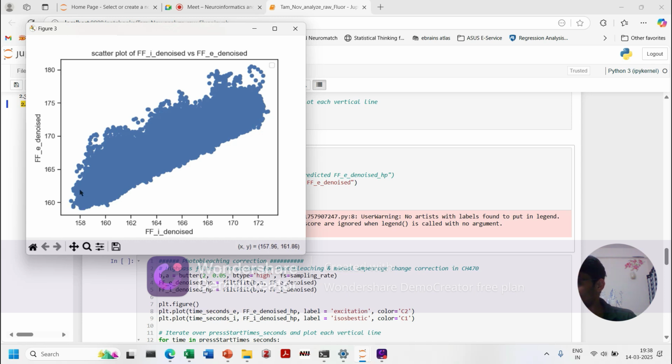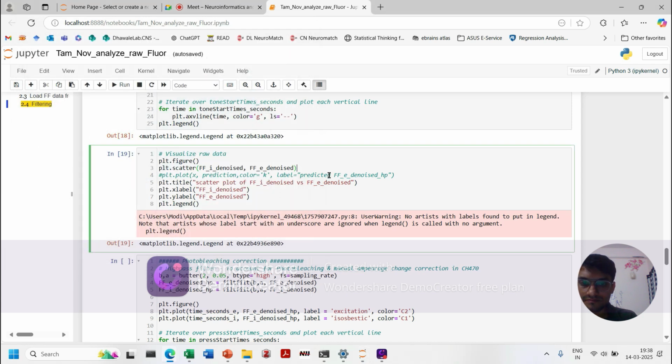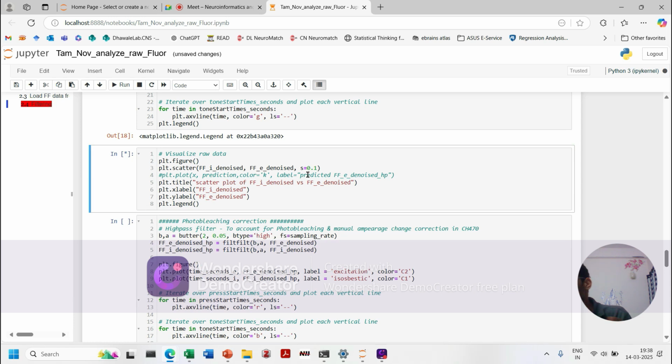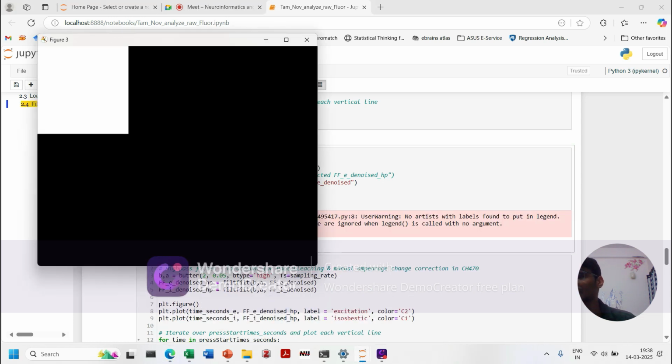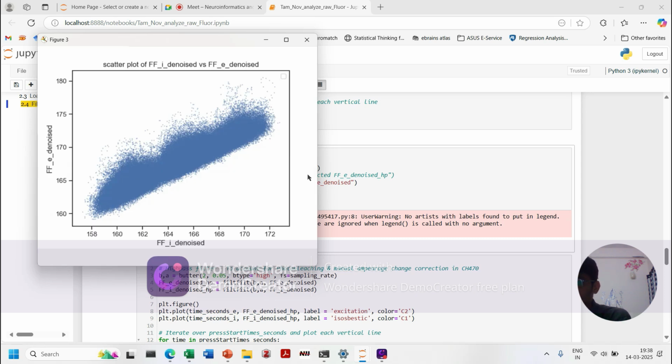So let's say you collected excitation data at 0 milliseconds, and then isosbestic will be collected around 2-3 milliseconds after that, depending on our signal and our hardware.